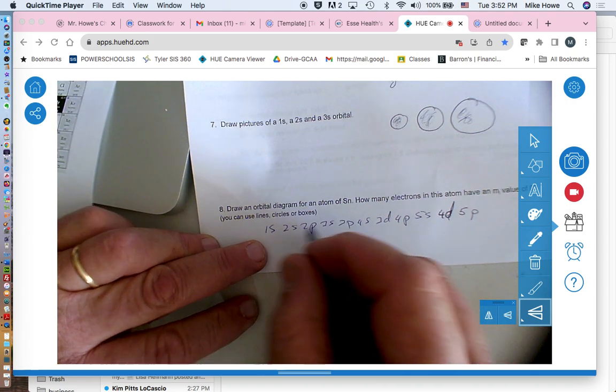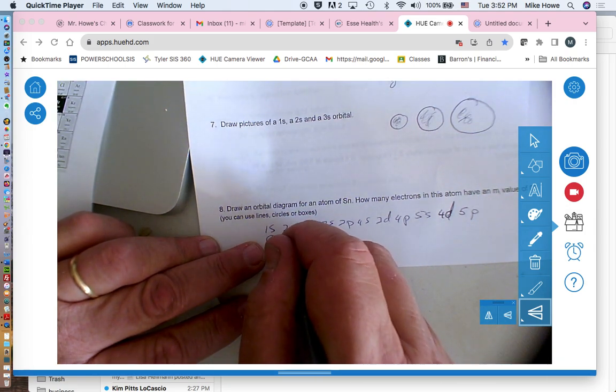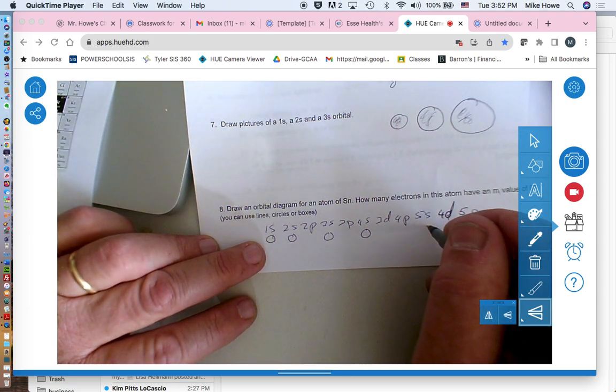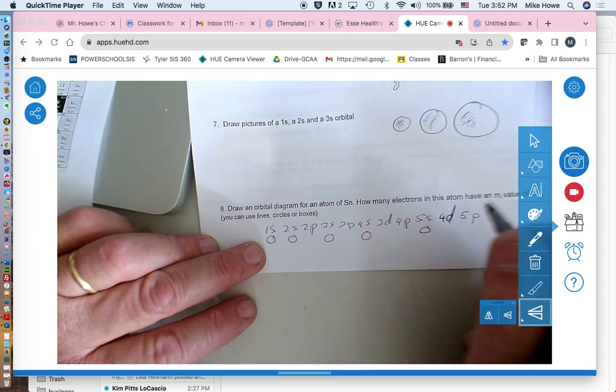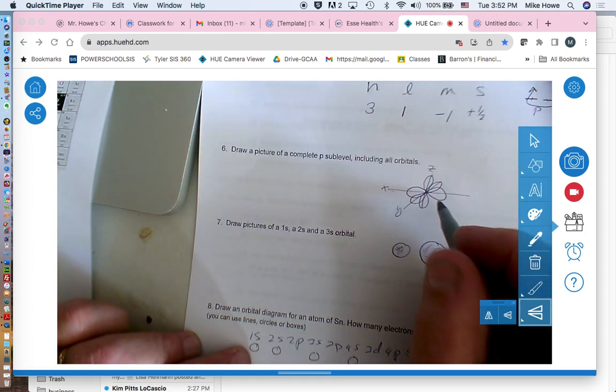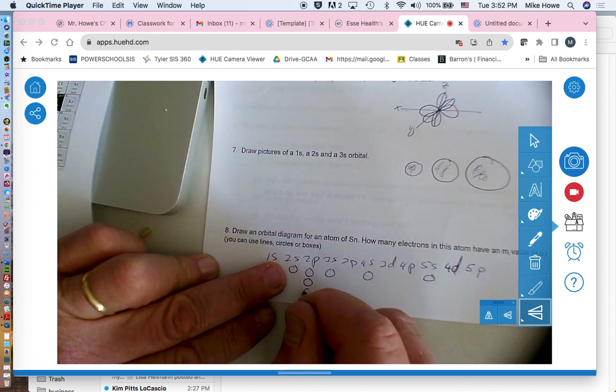So how many circles will I draw for all the s's to show the orbitals? All the s's get 1 circle, because the s sublevel just has this 1 orbital. How many circles will the p's get? Well, the p sublevel has 3 orbitals, so each orbital is represented by a circle.